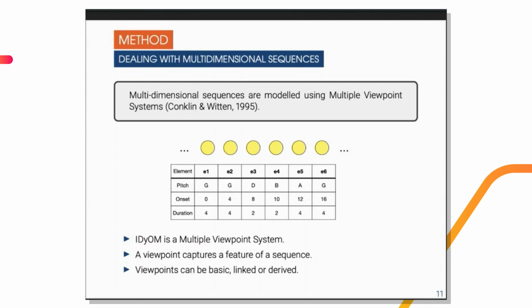Another important thing to point out here is that using mean information content, we can evaluate separately the predictive models for different viewpoints. And one thing that IDyOM can do is perform automatic viewpoint selection on a sequence so as to select the best representation, the representation which contains the most information according to the statistical patterns in the data.